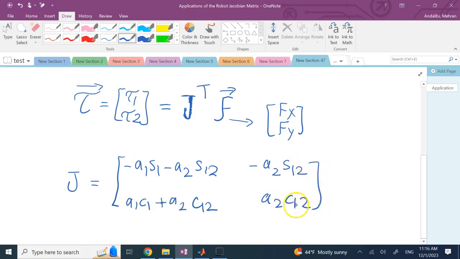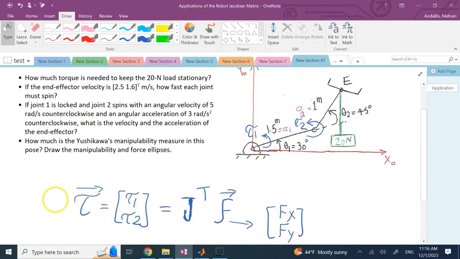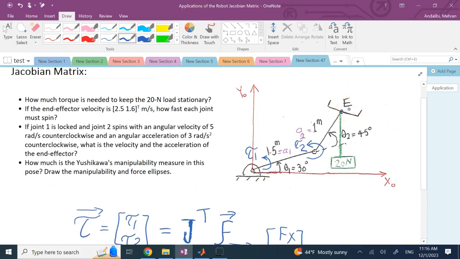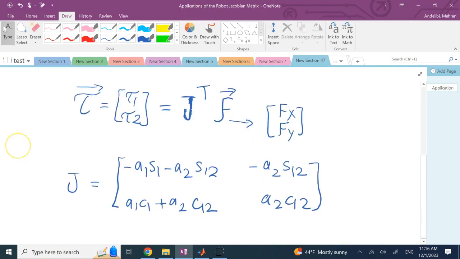Okay, so this is the 2 by 2 Jacobian. If we only focus on the x and y motion of the end effector, no rotation, no z motion, which are all 0, by the way. Theta x, theta y are 0 for the end effector. You only have a theta z, which is simply theta 1 plus theta 2, and it's not really an independent degree of freedom. So here we only look at the x and y motion of the end effector. This is your 2 by 2 Jacobian.